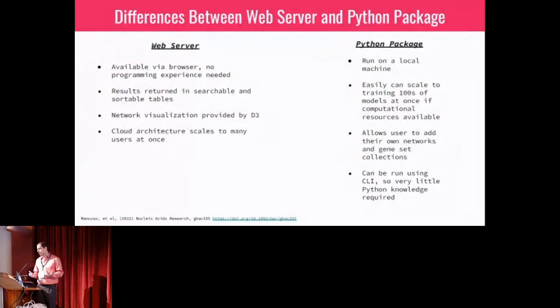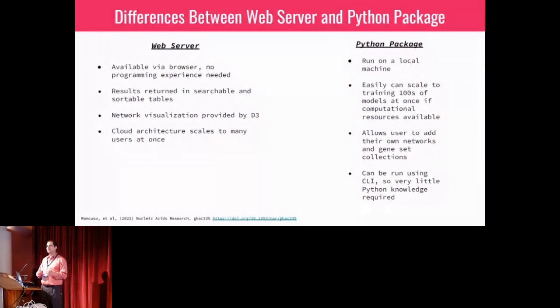So what is the difference between the web server and the Python package? The web server is accessed via the browser, so you don't need any programming experience. The results are all searchable and sortable in tables through web browsers. The visualization is done in D3, and it all runs on the cloud, so you don't have to worry about any kind of hardware.